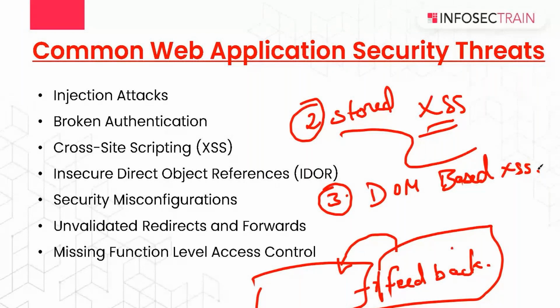In that, if our web application's client-side scripts write the data provided by the user to the DOM, the document object model, then the data is read from the DOM by the web application, and the output is presented inside the browser.